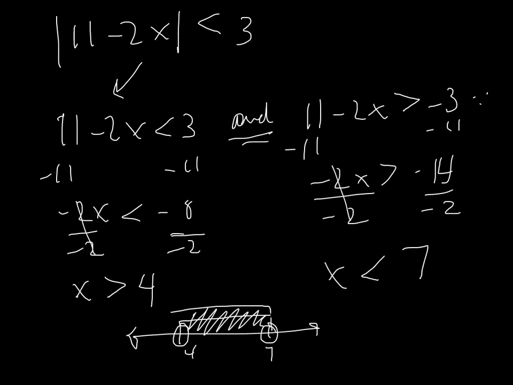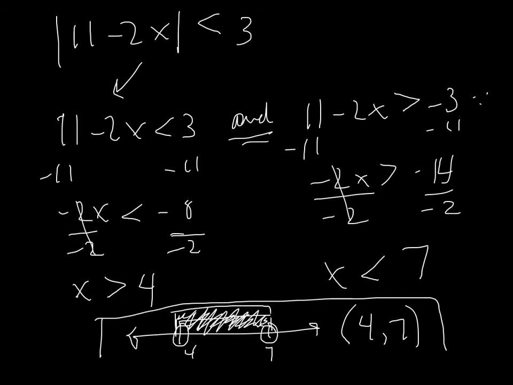And again, this is about clarity. I'm trying to show you exactly where the answer is. And if it were an or problem, it would have ended up being the whole number line. So I don't want you to think it's the whole number line. I want you to know it's just the overlap. So the overlap here, now we're going to switch to parentheses because this is a not included boundary.